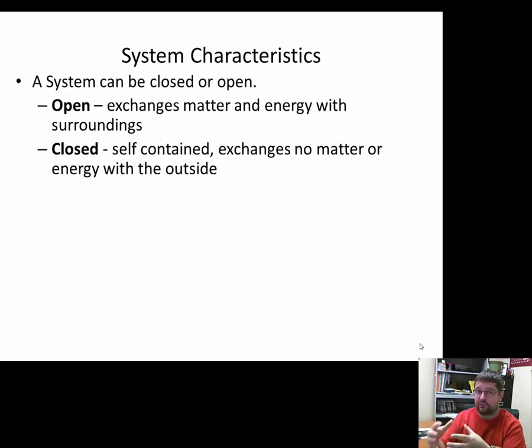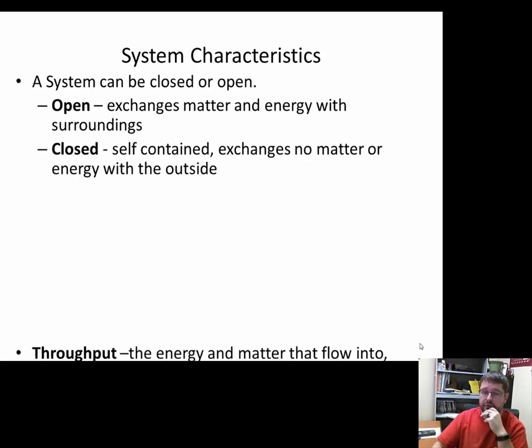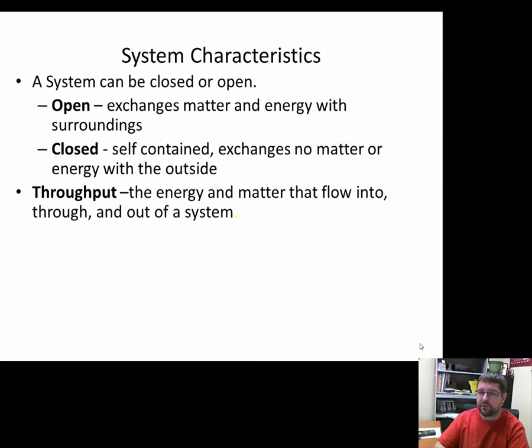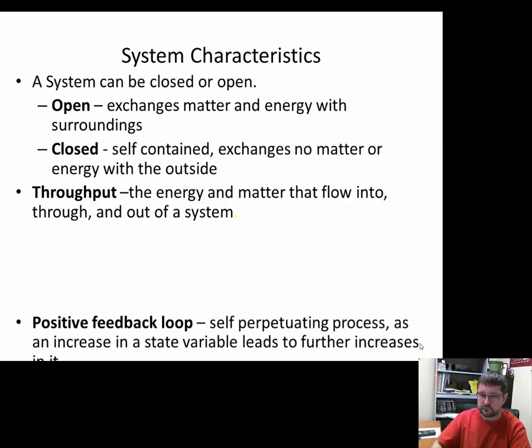It just takes longer for material to get out. So we'll talk about closed loops and things like that. Throughput is typically a measurement of how much energy or how much material is going in, and then how much is coming out, and what escaped, and where did it escape, etc.